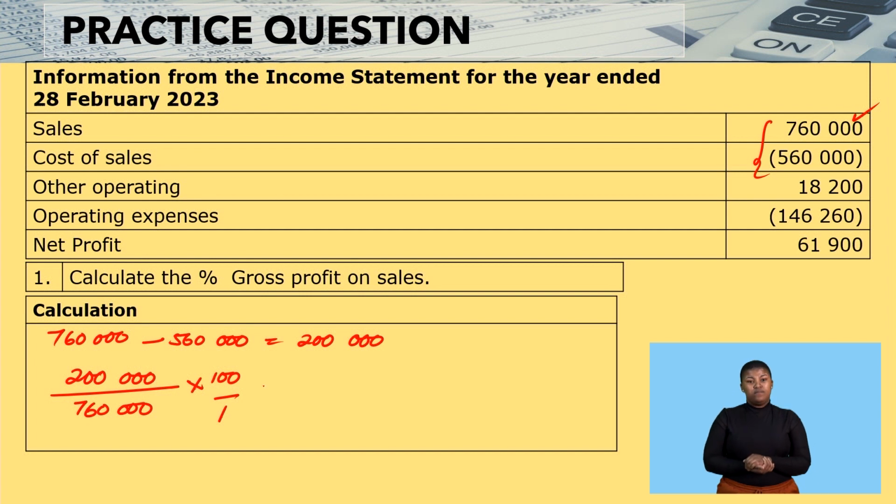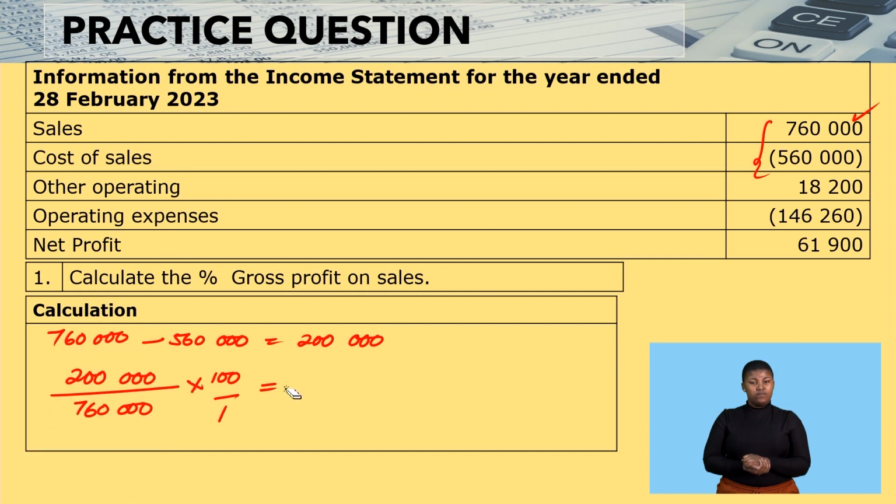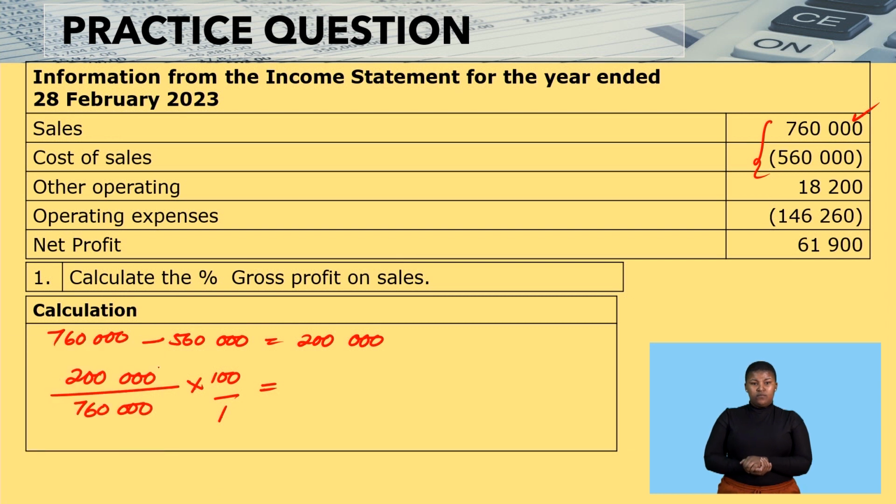If you punch that in your calculator, how much do you get? Remember, your answer has to be in percentages. You will say 200,000 divided by 760,000 multiplied by 100/1. What is your answer? You will get 26.3%.